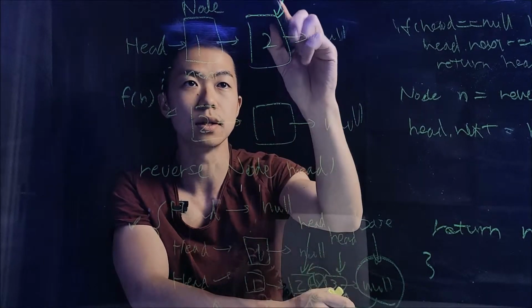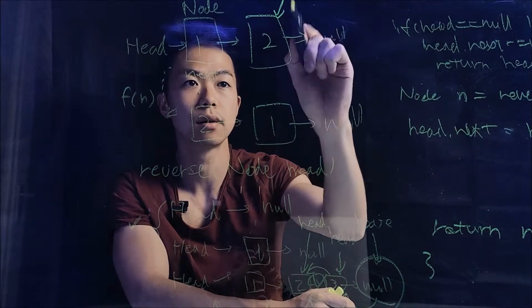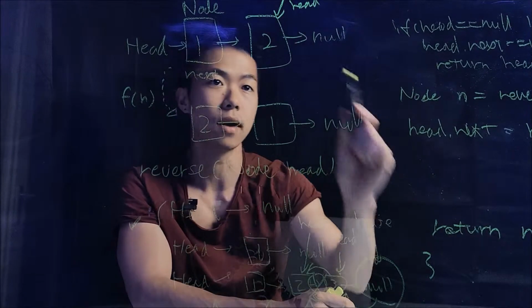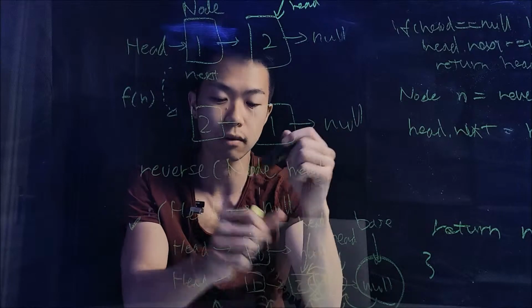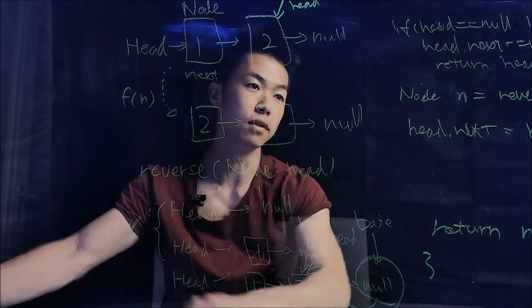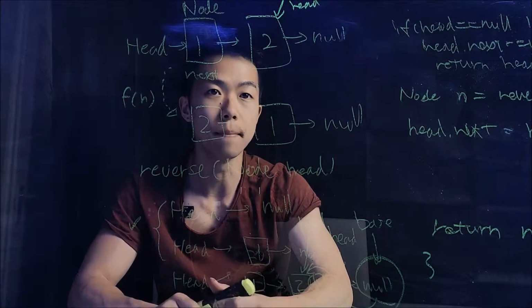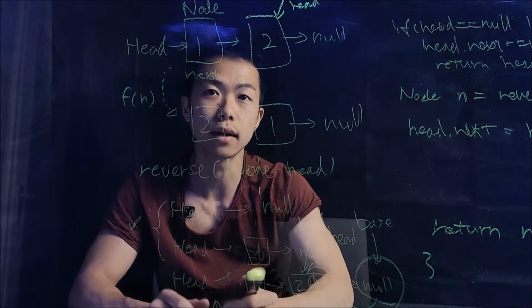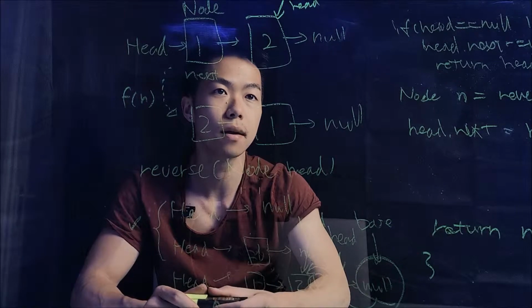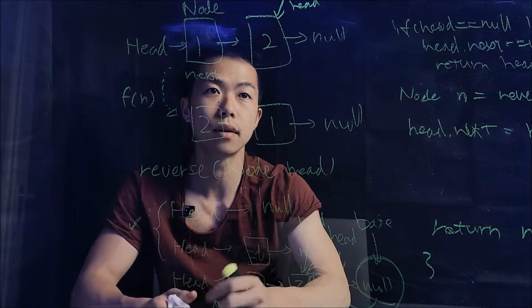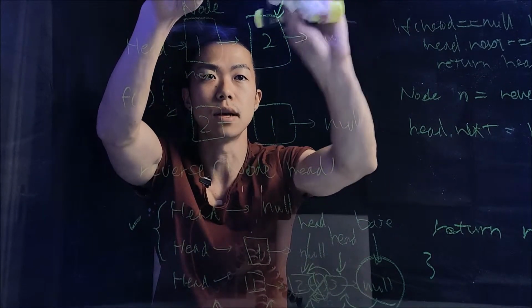So the bottom up, this is going to be head. So head next, right? I'm getting a little bit confused, which is okay. Get to the last node of the linked list here, and then it won't be here. Sorry about that.